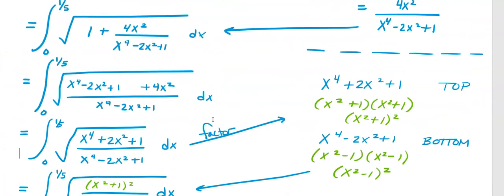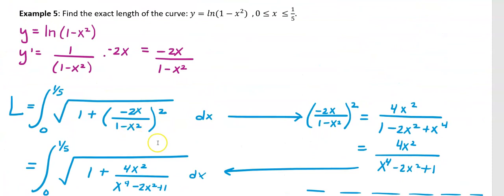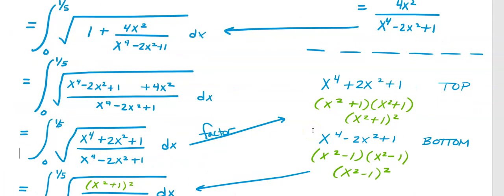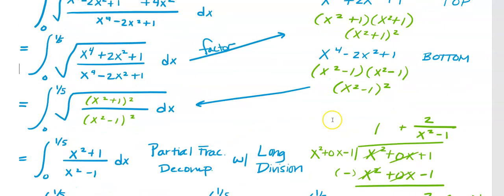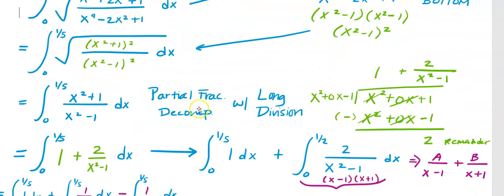We did it together because of that reason. We not only had to use the idea of expansion, we had to use the idea of factoring, and partial fraction decomposition with long division. Again, we had to do the long division because our exponents were equal, so we had to break it down using long division.